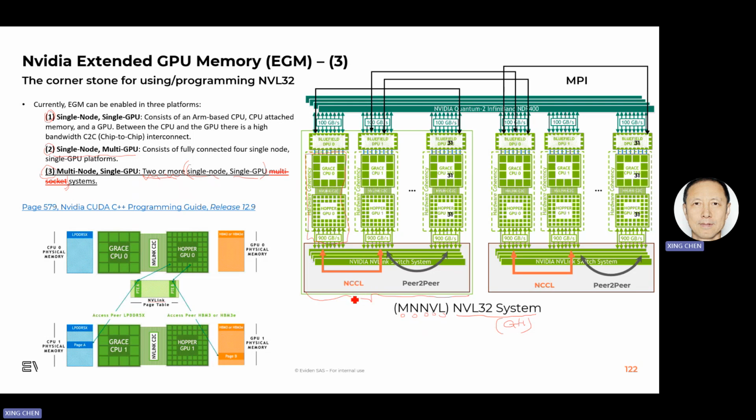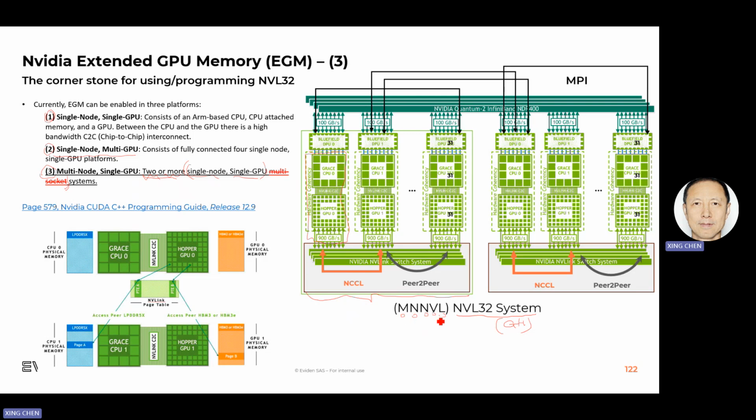But different from the NVL domains we have discussed in the previous part, here the NVL domain starts to be crossing the nodes. So you have an NVL domain with 32 GPUs, but the 32 GPUs belong to 32 nodes. So your multi-node NVL domain is crossing 32 nodes.